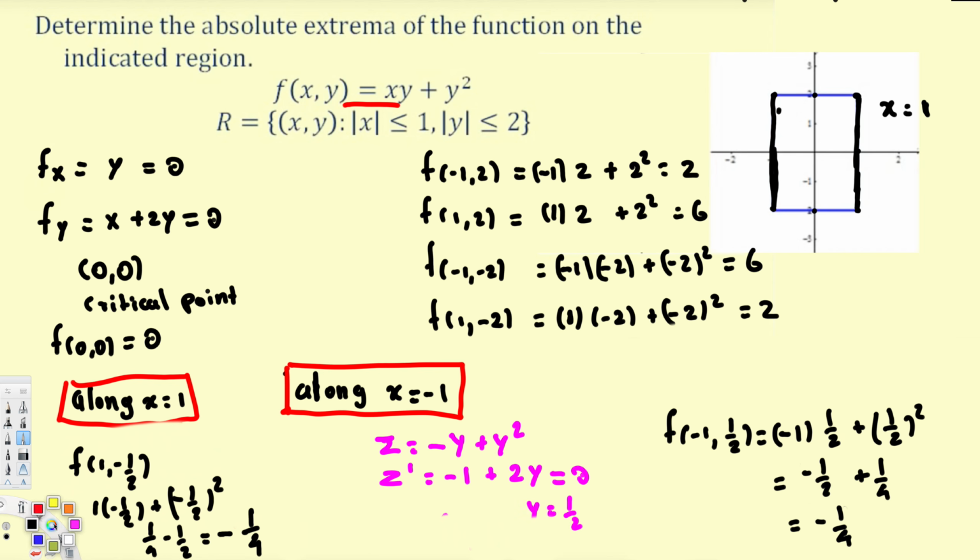Now let's look at the y is equal to 2 path and the y is equal to negative 2 path. Now let's say we are going along y is equal to 2.